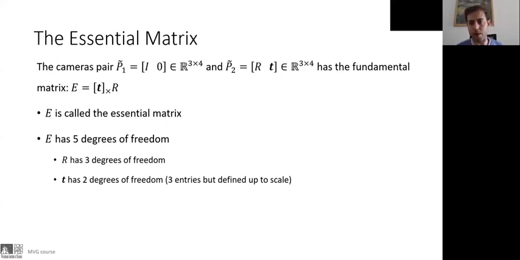So that can be formulated algebraically by x bar transpose F x should be 0. For this equation, you can scale the fundamental or the essential matrix by any scale, and it will still be satisfied. So you can use any scale that you want to multiply your fundamental matrix, and it will still be valid.